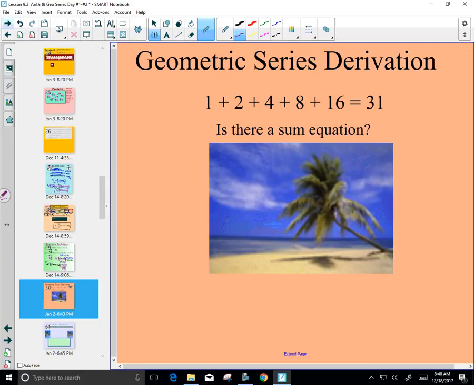Now we have one more type to look at, and this is a geometric series, which has a common ratio: 1, 2, 4, 8, 16. What are we doing each time here to get to the next term? Are we adding the same? No, we're multiplying by 2, aren't we? So if we're doing that, the sum gets a little bit trickier. And so we're going to try to find a formula for that.